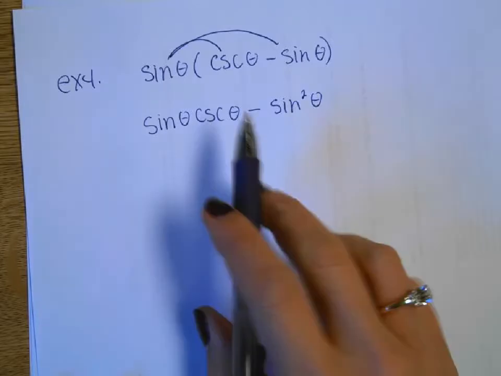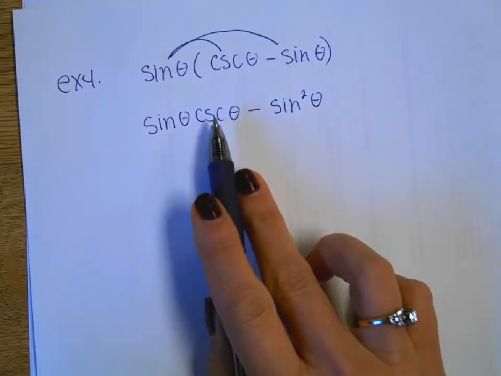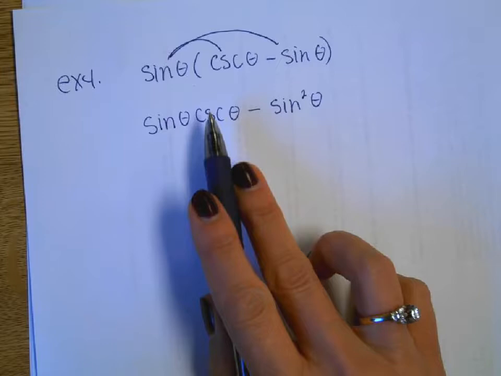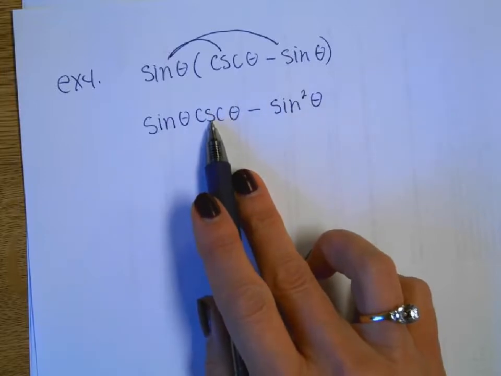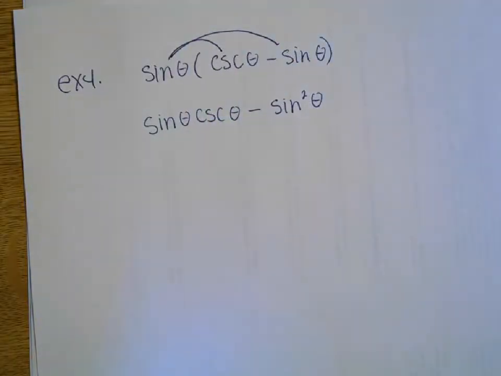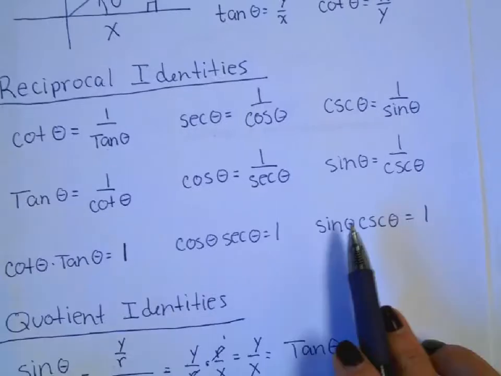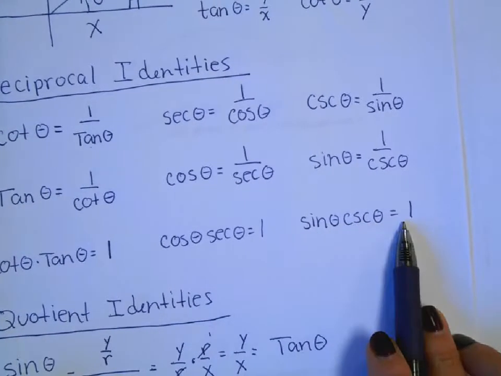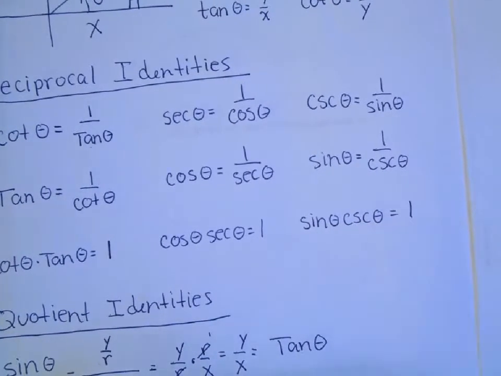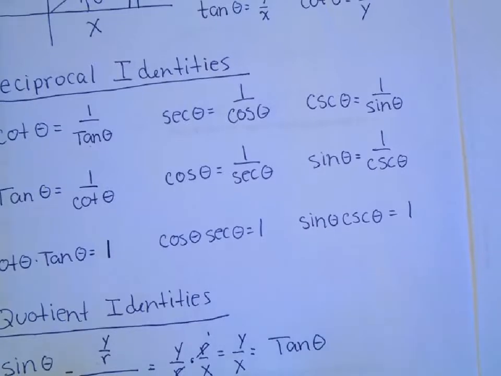Now at this point, you could say, like Kenley noticed, and somebody else said right off the bat, we could switch this to, I think it was Alexis, 1 over sine. Or you could look on your identities and know that sine times cosecant equals 1. If you need to switch it to the 1 over sine to get there, that's fine too.